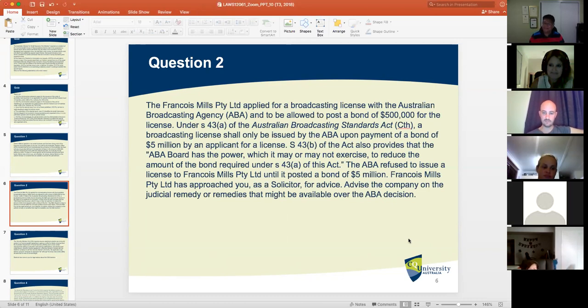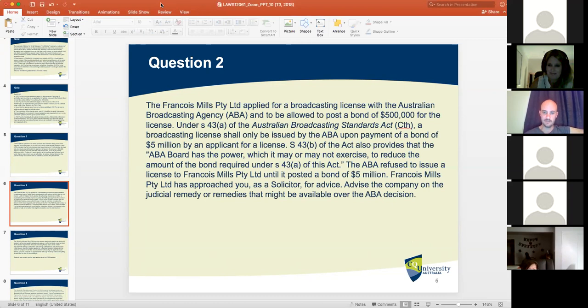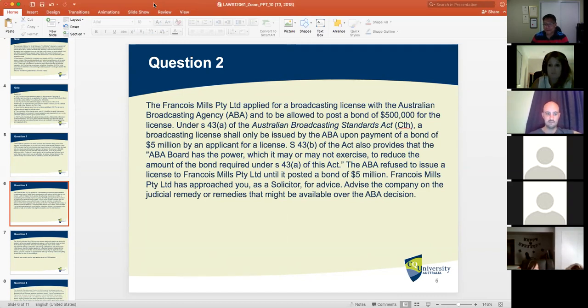It obviously seems to be pointing towards something like Mandamus, making them exercise a power. But because it's a discretionary power, I just don't see how you can force the government to exercise the discretion, because then it's not a discretion. Go on. So what would your advice be, Damien?